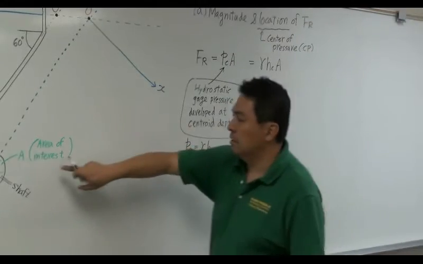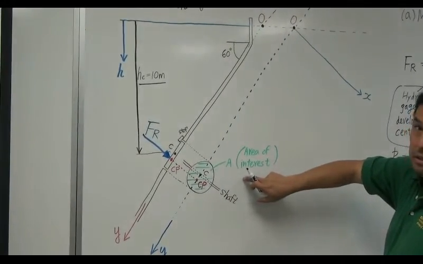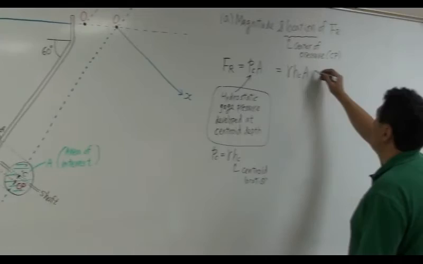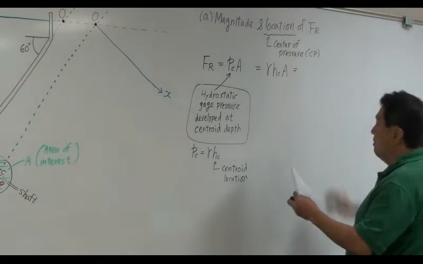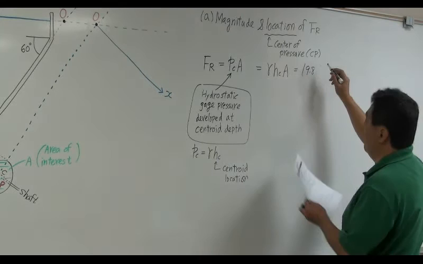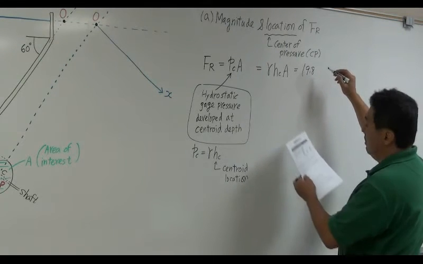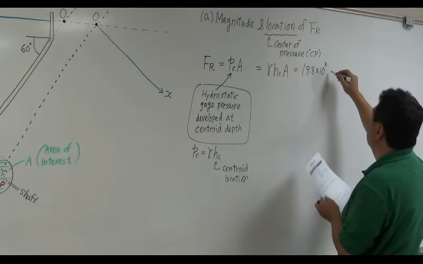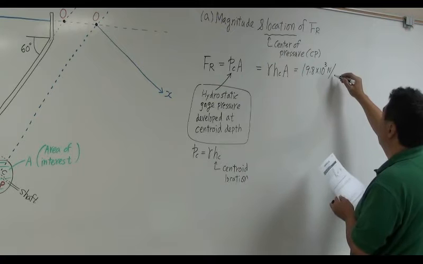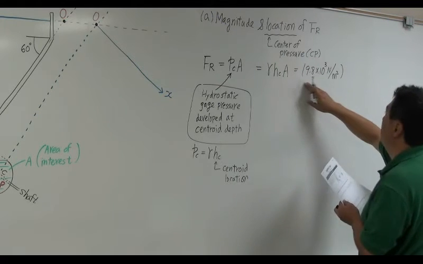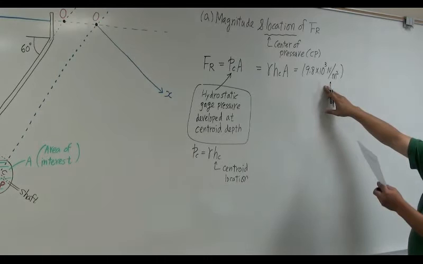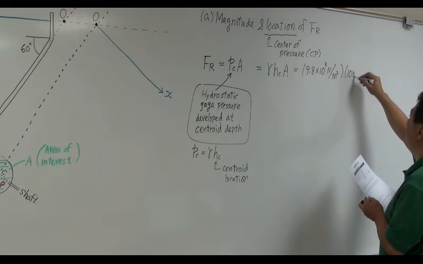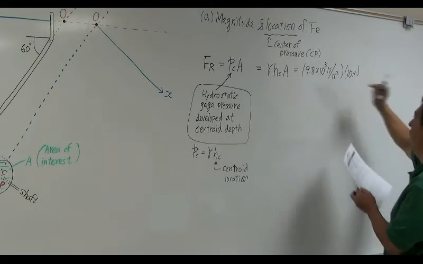Let's just go back and take a look. This is the area of your interest, this is A. Okay? So this is water, so this is 9.8 kilonewton per cubic meter. Kilonewton is 1,000 newton. So this is the specific weight of the water, multiplied by the depth, 10 meters to the centroid, HC is 10.